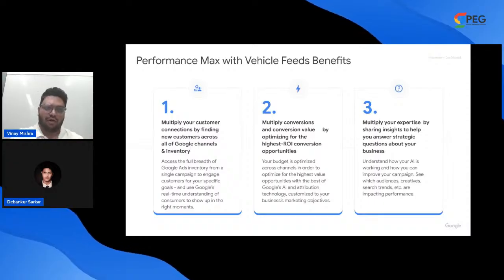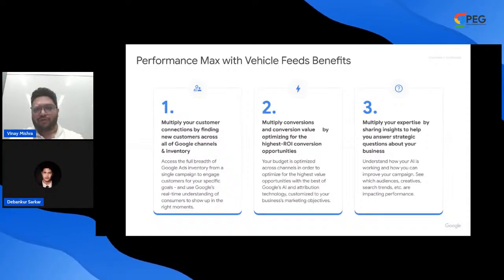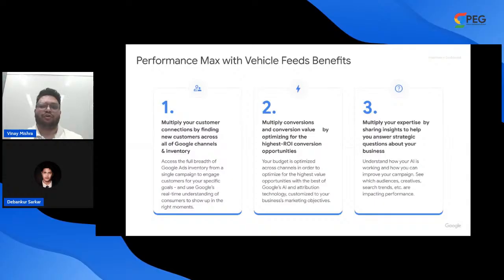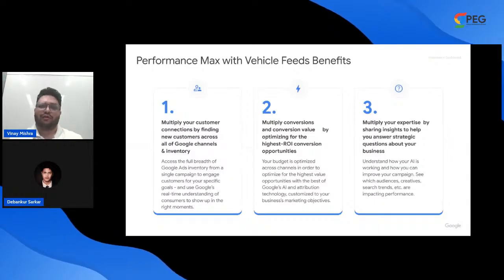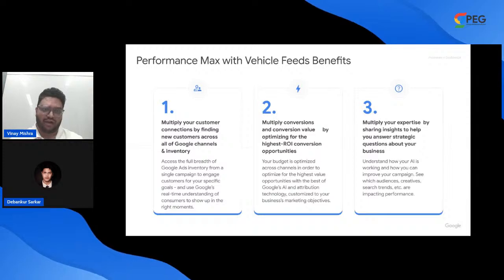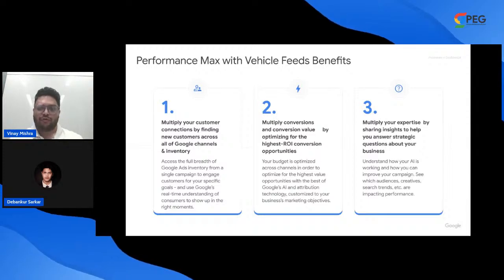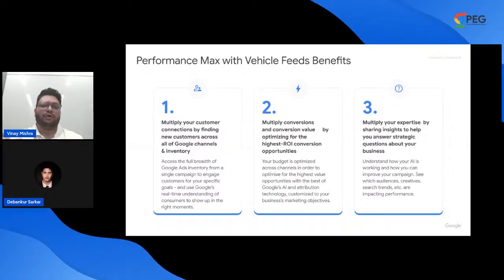As we were speaking earlier, Performance Max with vehicle feeds offers you two options where you can use the Google audience signals to either set your campaign to find new users, the new customer acquisition goal, or the new user goal.